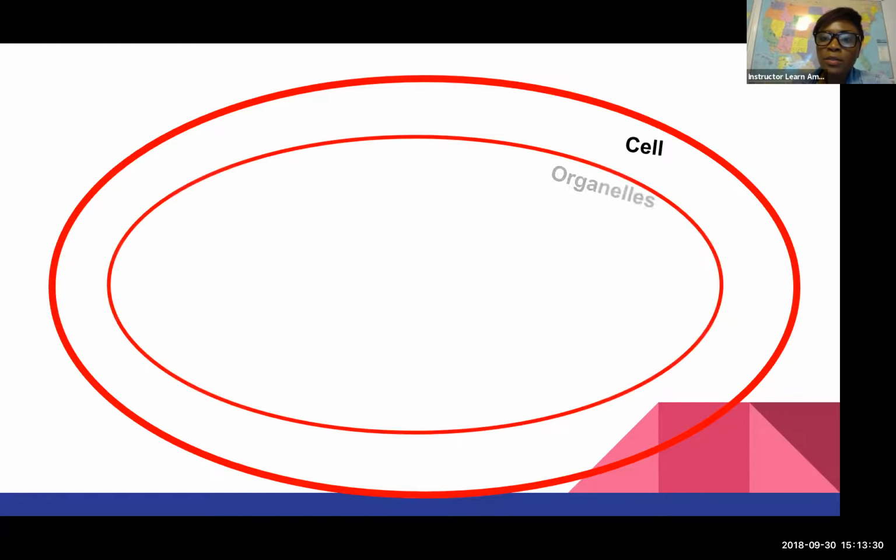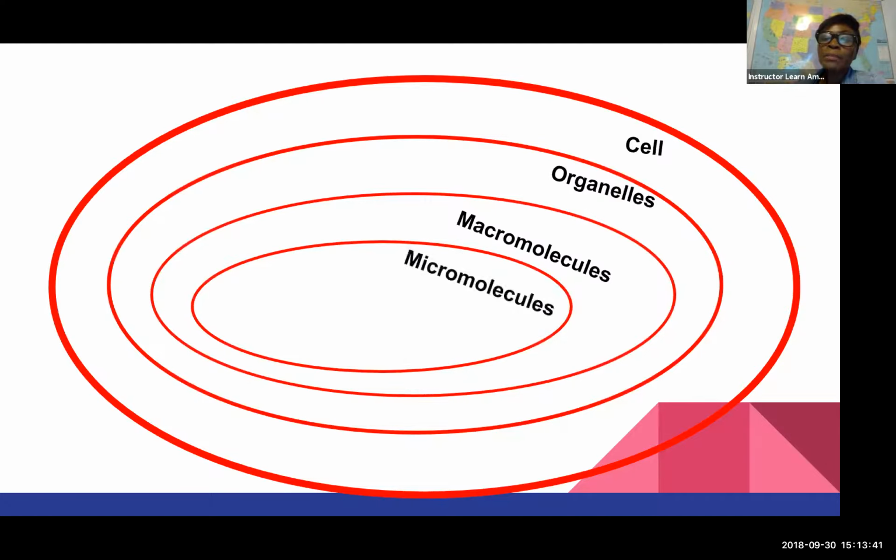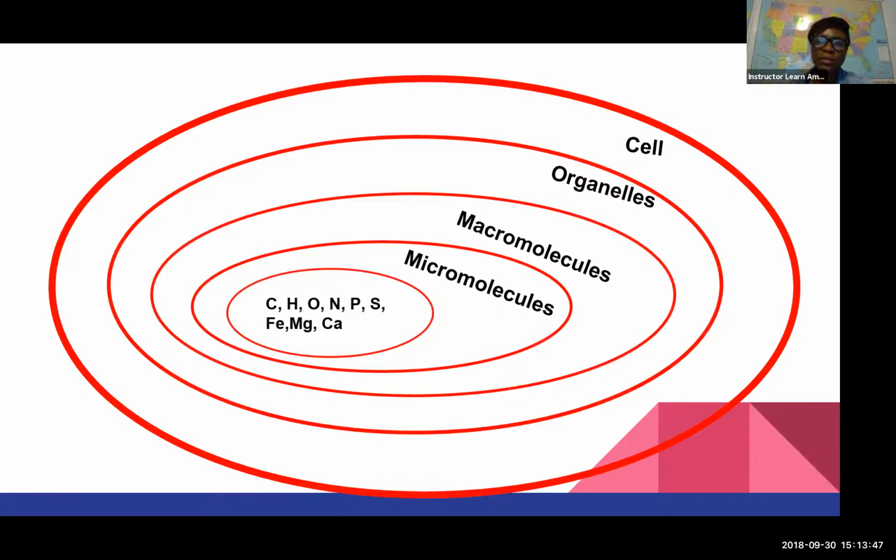And so in this next section, I want to go over some of the chemical actions. And to give you a view of where we're going with this, we just saw the organelles of the cells. So cells are made up of those organelles. Organelles are made up of macromolecules. So we're looking more at the chemical makeup right now, which are then made up of micromolecules, such as carbon, hydrogen, oxygen, nitrogen, phosphate, sulfur, iron, magnesium, calcium.